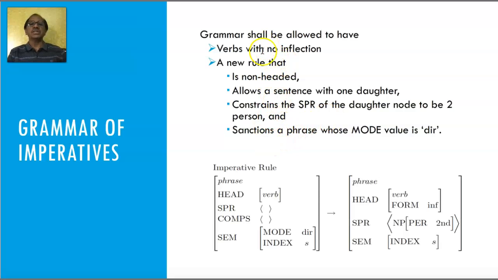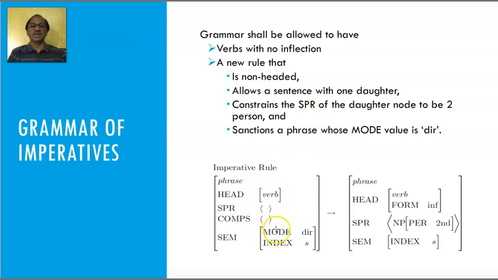And also this rule should sanction a phrase whose mode value is directive. Remember, mode value of all verbs is proposition, but now when it occurs in the imperative sentence, the mode value becomes directive.